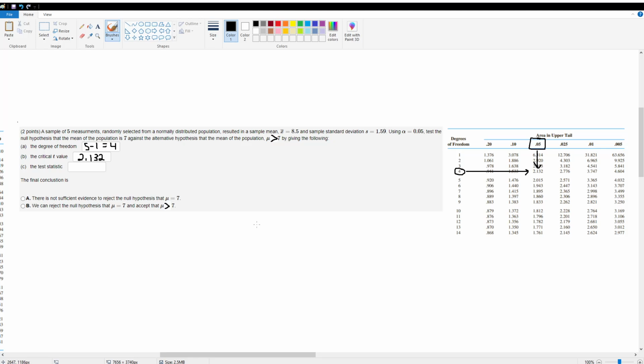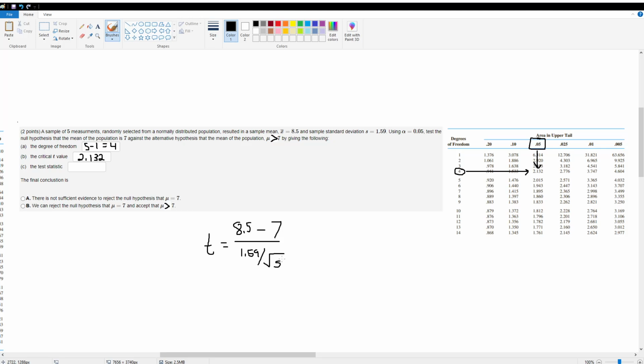And for the test statistic, computed essentially the same way as with the previous tests, we're going to take our hypothesized mean of 7, and subtract it from the sample mean of 8.5. Then we're going to divide this by our approximation of the standard error, which is the standard deviation of the sample of 1.59, divided by the very poor and depressing sample size of 5.